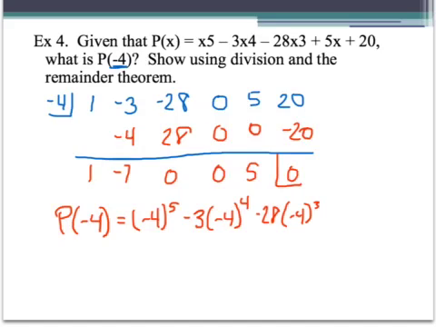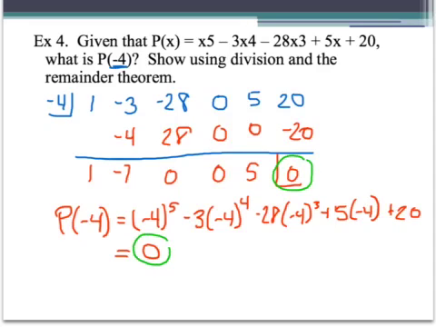Make sure you use parentheses. And when you hit enter, you'll see that you get 0. So if you notice that our remainder with synthetic division was 0, and when we evaluated, we got 0 as well. So there are two different ways of doing that.